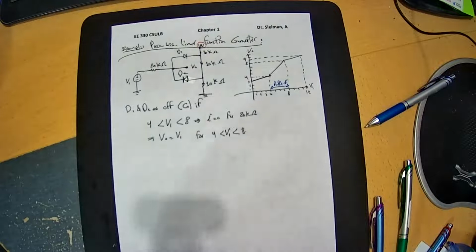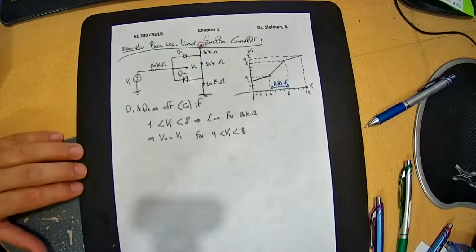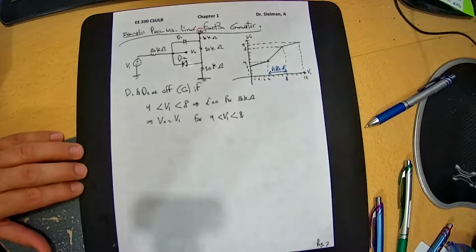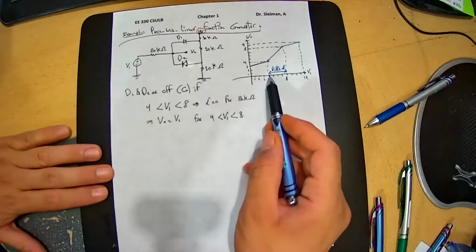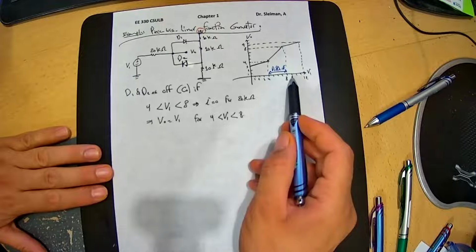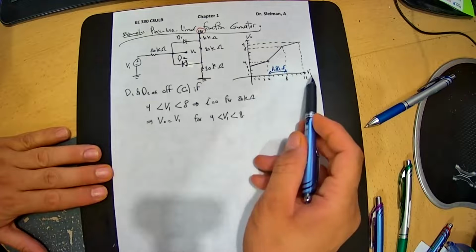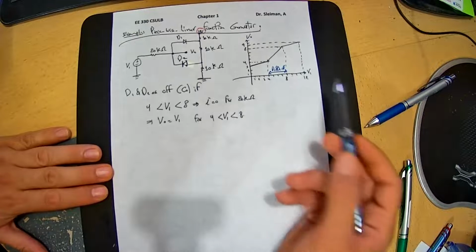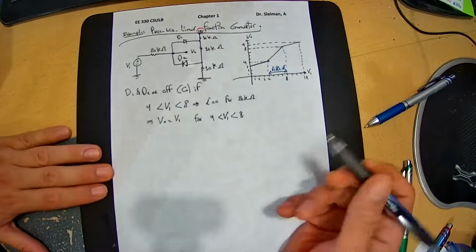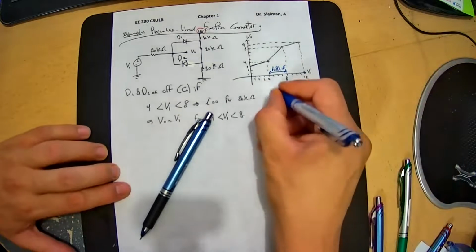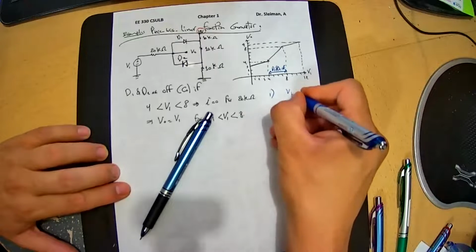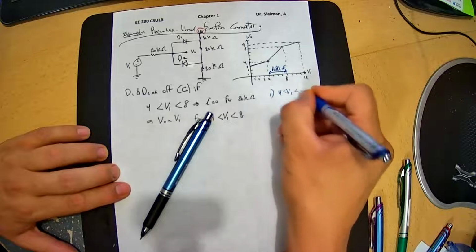So let's take the cases one at a time to explain what happened when V1 is between 4 and 8, when V1 is less than 4, and when V1 is greater than 8. So we have 3 cases. Case number 1, when V1 is between 8 and 4.